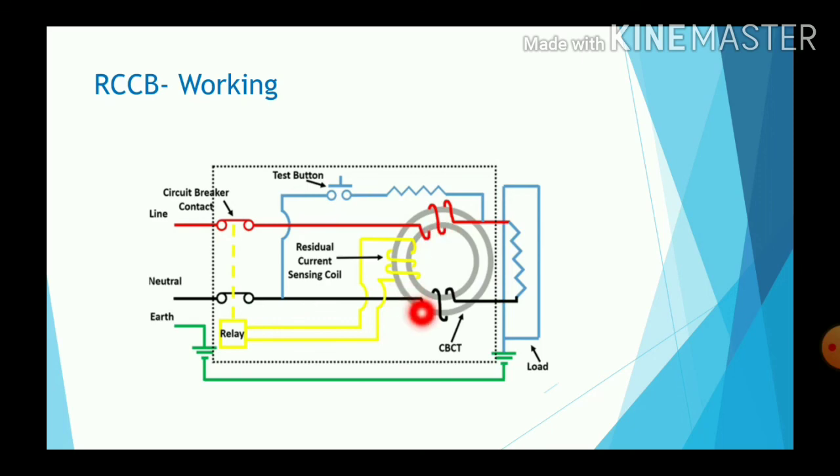Due to this difference in current, a residual flux is developed in the core and a residual current flows through the sensing coil. And this residual current activates the relay, operates the circuit breaker and disconnects the supply, thereby protecting the system.